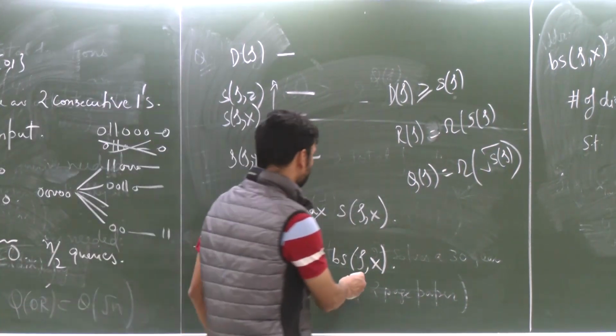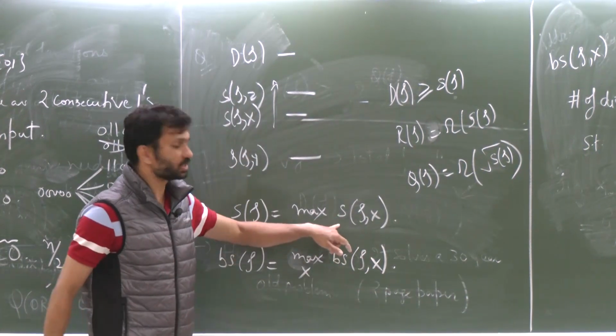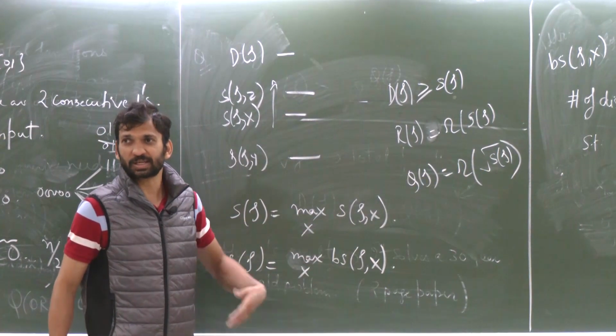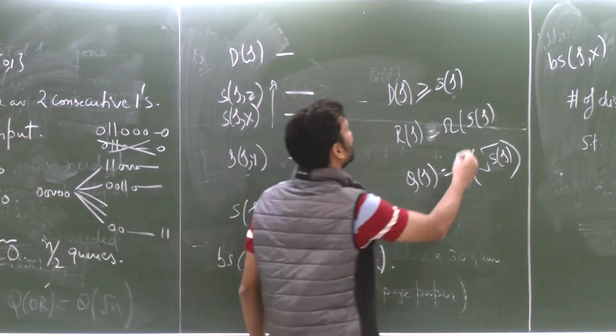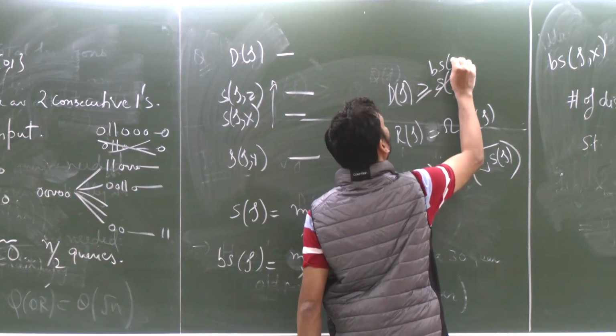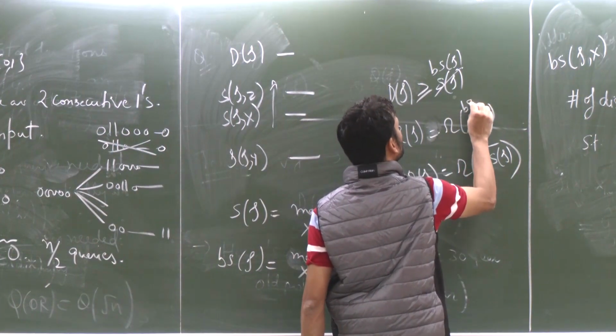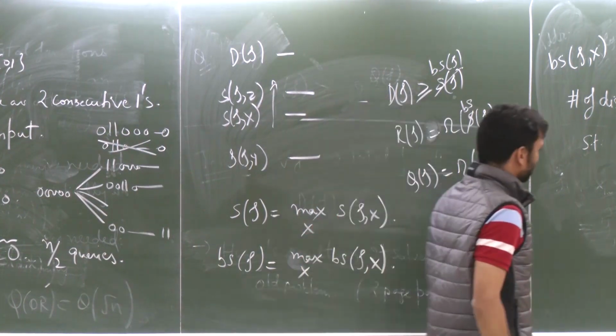And clearly block sensitivity is bigger than sensitivity, because I can take blocks to be of size 1, that will give me sensitivity. Almost the same proofs give you this.